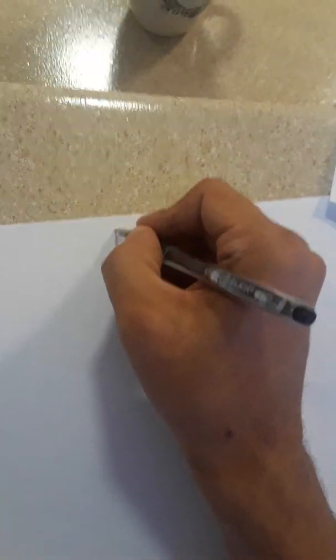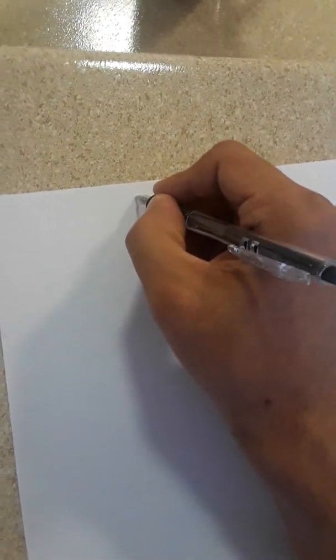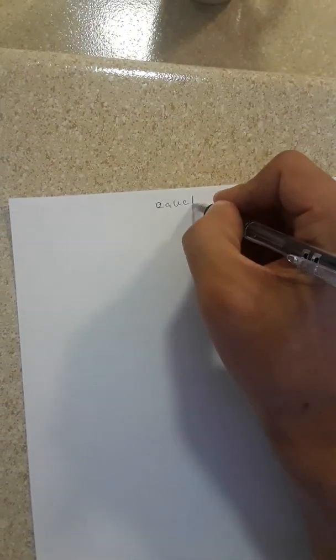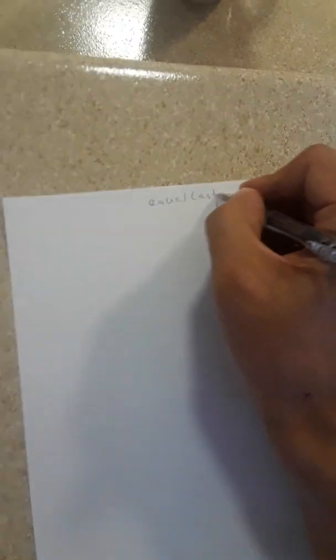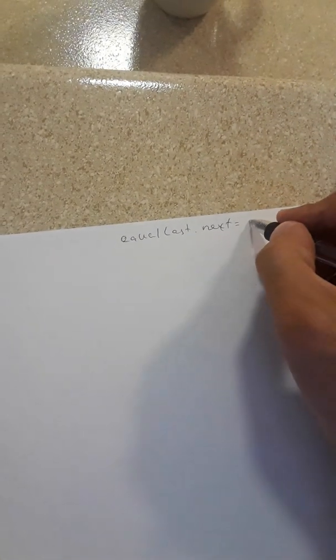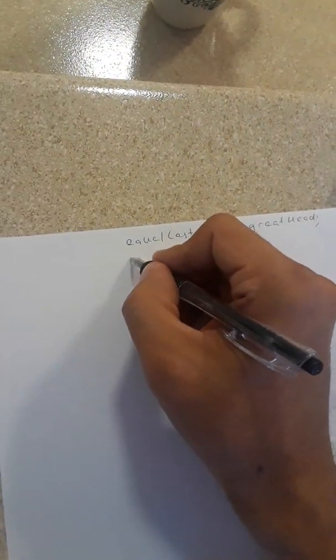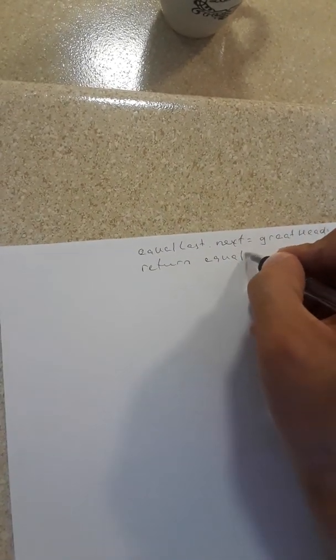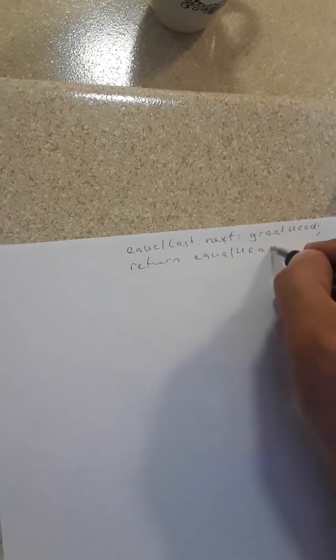So we're returning that great head, but if we have something in our equal head, we're just connecting our equal tail next with the great head, and we will return equal head.